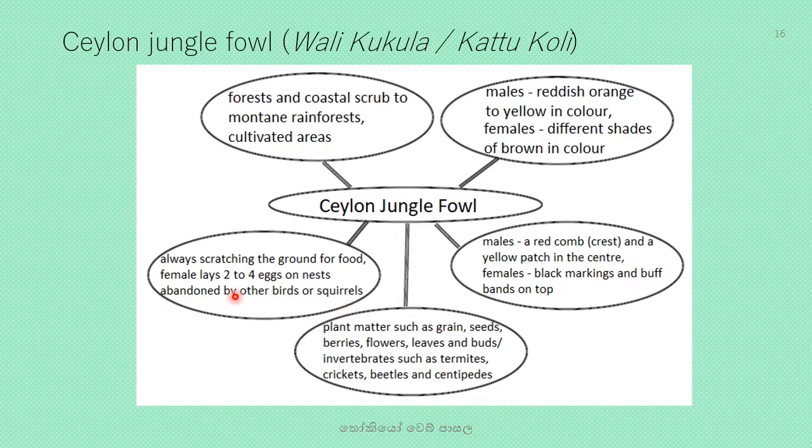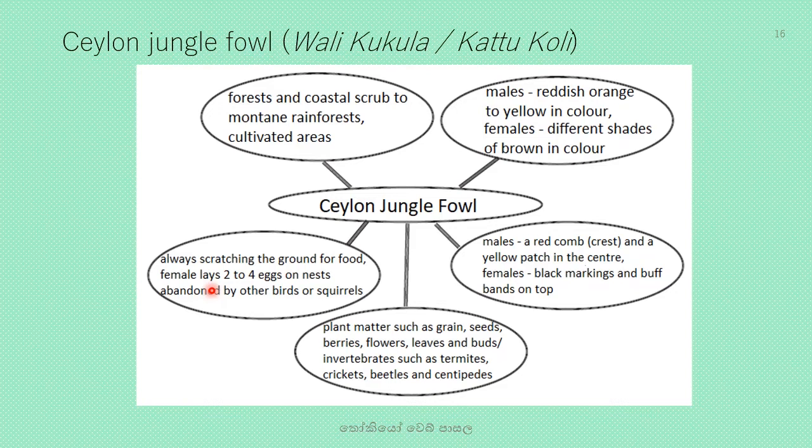So females lay eggs, but they don't make nests. They use nests which have been abandoned, and abandoned means I do not use it anymore. So any other bird who has stopped using a nest, those nests are used by the females to lay eggs.